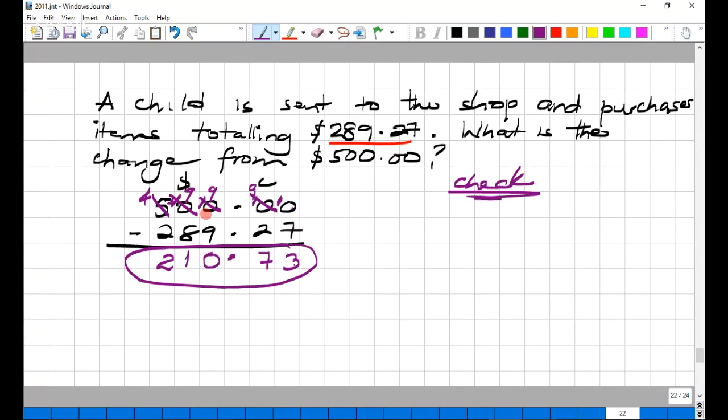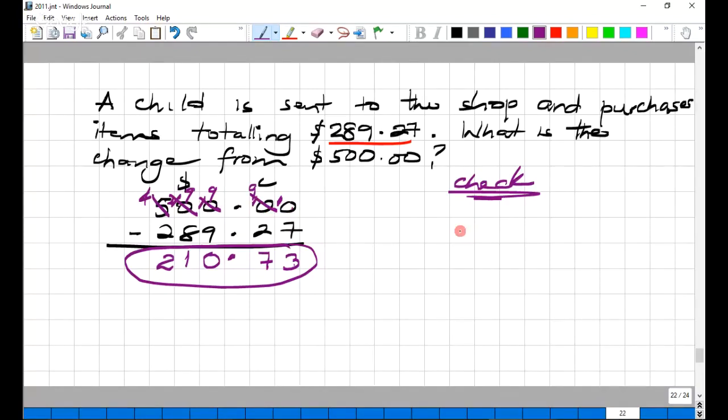Remember that each of the numbers in the problem has a special name. So we have the minuend, subtrahend, and difference. So in order to check our work, we need to add the difference and the subtrahend to see if we get back the minuend.